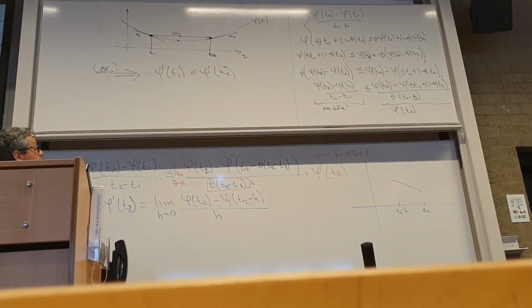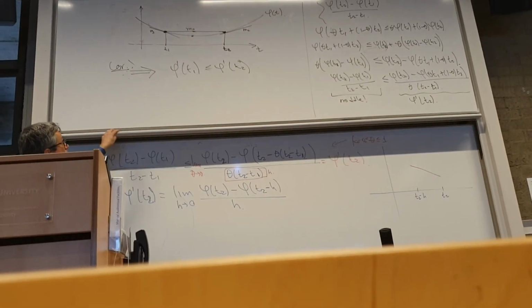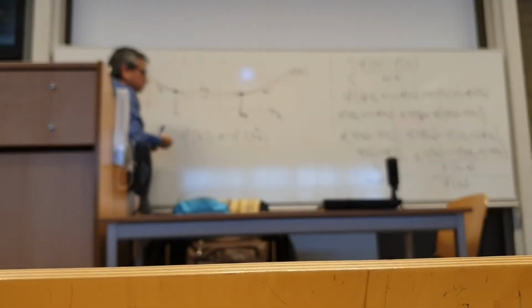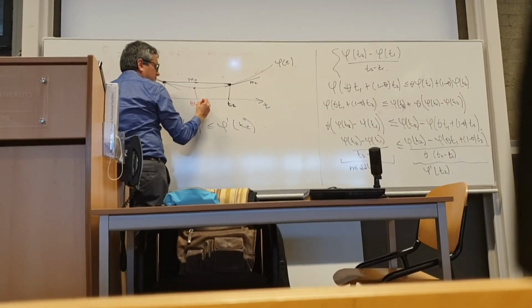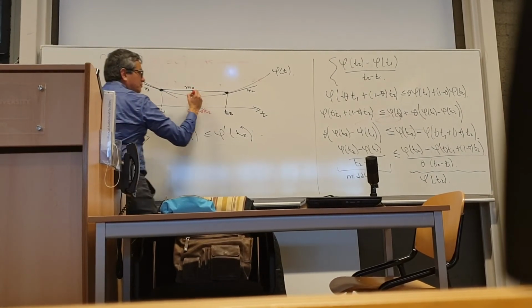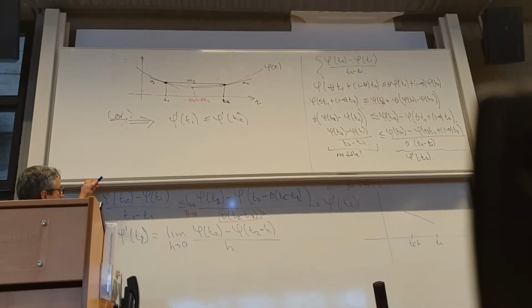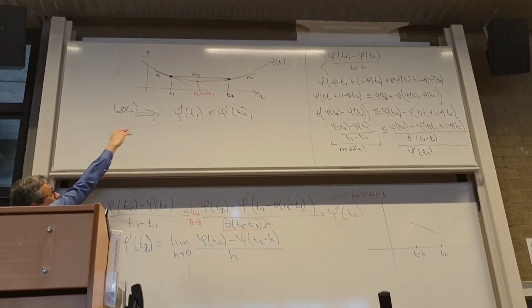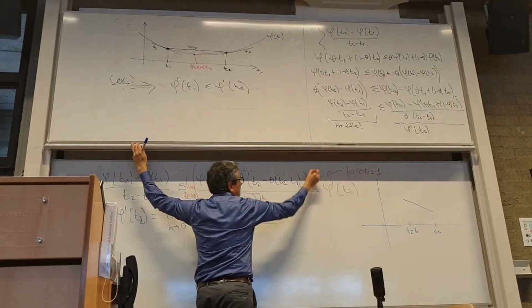And notice what this inequality is really saying. We have the slope here, and now we are comparing with the slope when we take some point here. This is my theta T1 plus 1 minus theta T2. We are comparing this slope with the red one. The slope here is the slope of the black one, and this is the slope of the red one.